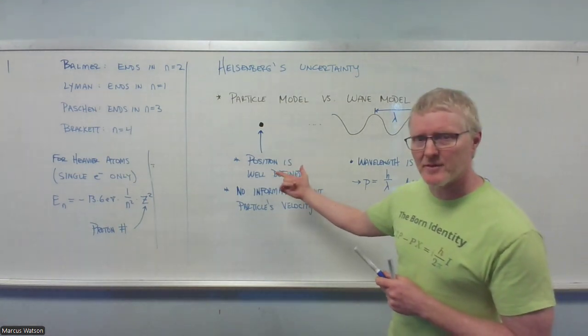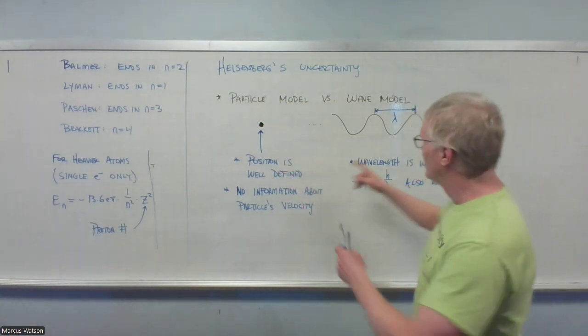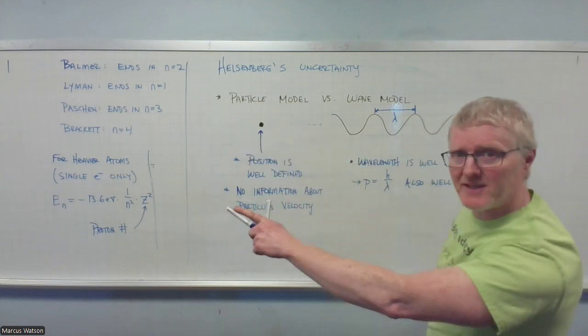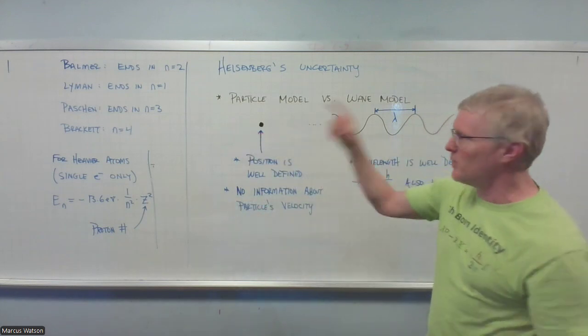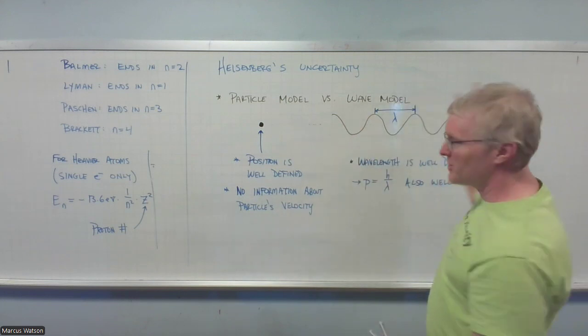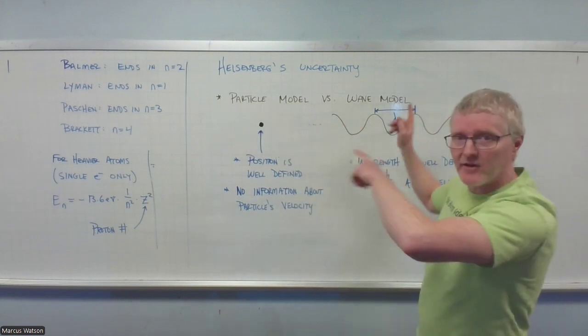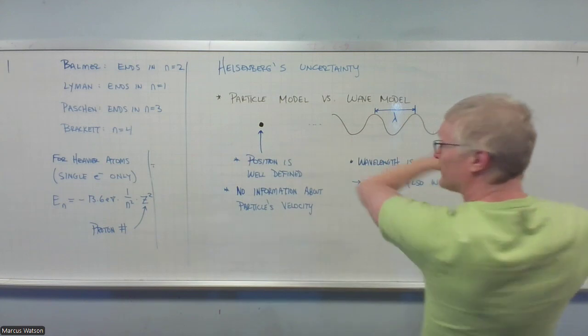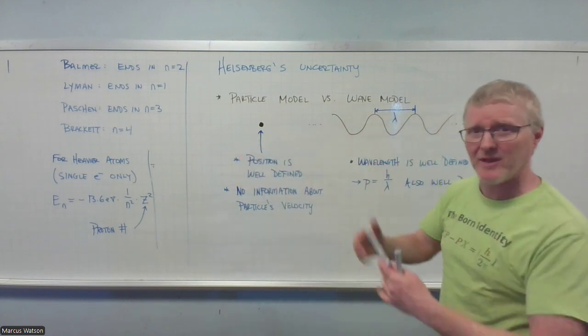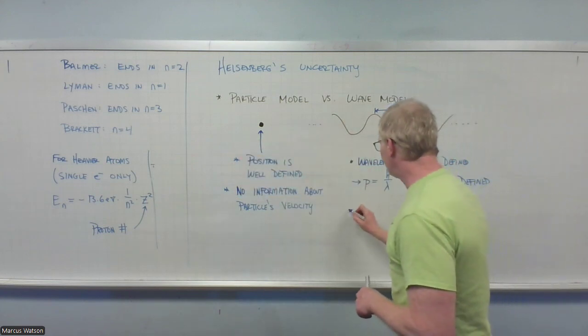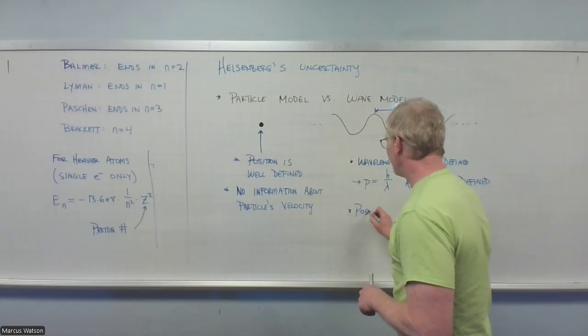Just like I did with the particle. Well, it goes off to infinity on both sides, so you can't say, oh, it's here, because it's also there, and there. It's all over the place. The position is extremely not well defined. Position is not defined.